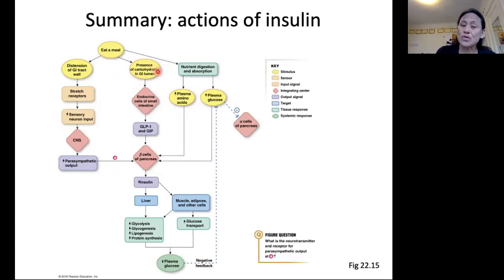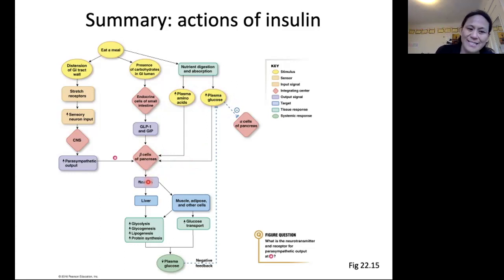Also, the presence of nutrients in the GI tract is going to lead to hormonal secretions, which are then going to stimulate the beta cells to secrete insulin. And then finally, what we talked about in this set of slides, we have our increased nutrients, amino acids, and glucose in the bloodstream, which are directly going to stimulate insulin secretion from the beta cells of the pancreas.